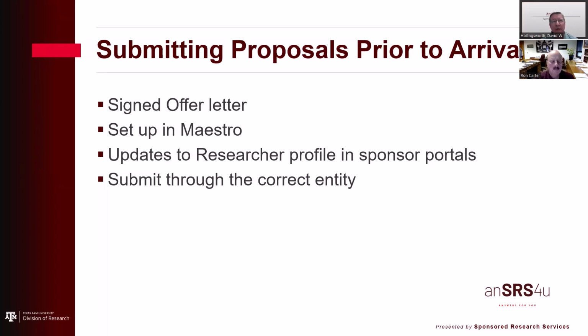Anyway, it's important to make that connection with their SRS proposal administrator so that we can start working with them early on. And like you said, the clock for tenure starts ticking. If they've already got some proposals submitted, then hopefully a few months after they're here, they'll have some good news and an award coming in.